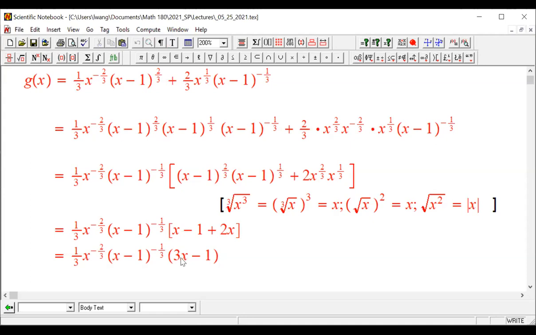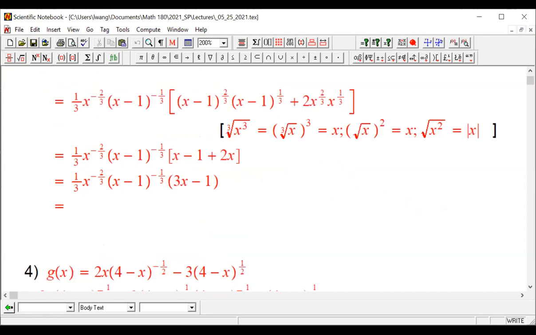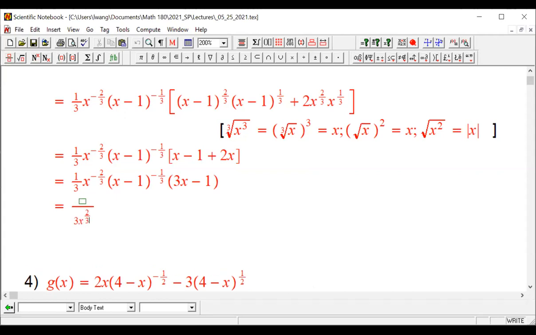To transform into the form you're familiar with, even though it's not totally necessary, you write 3 times x raised to the power of 2/3, and over here, x minus 1 raised to the power of 1/3.